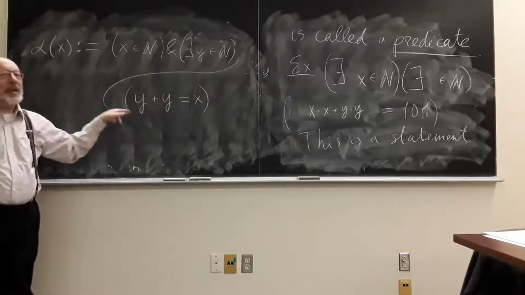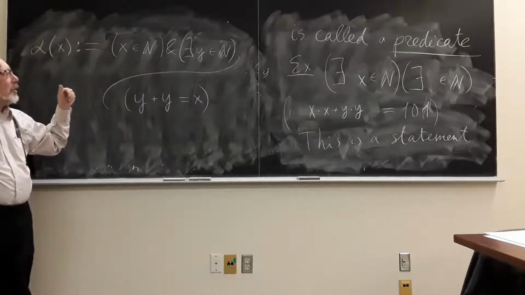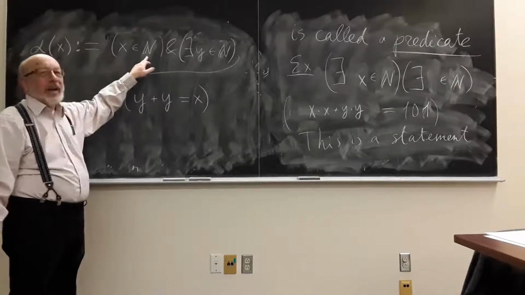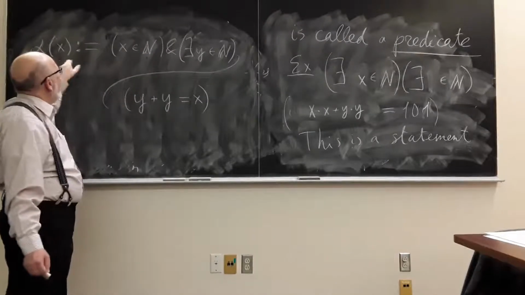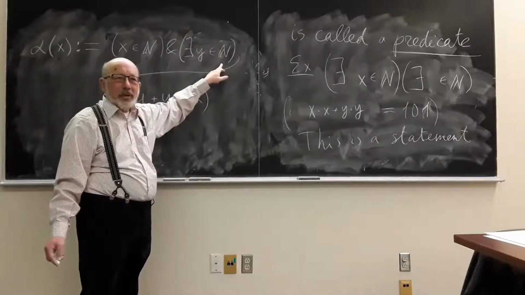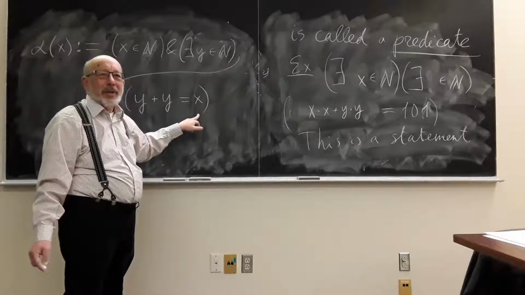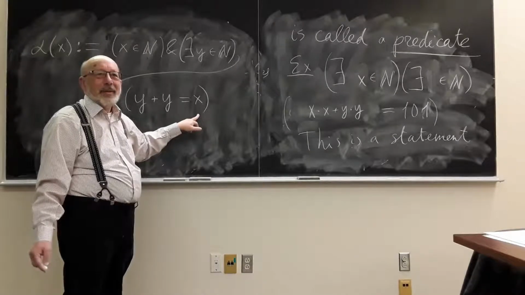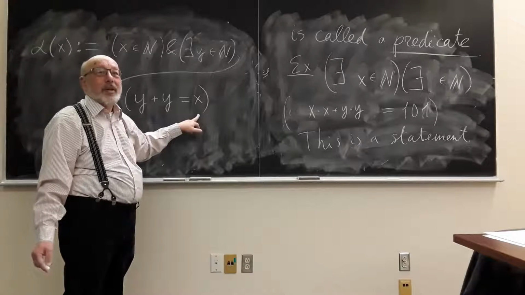Okay, let's go. X element of N, so X is a positive integer. And second, there exists Y, also a positive integer, such that Y plus Y equals X. What is the property of X? It is true if and only if it is even.